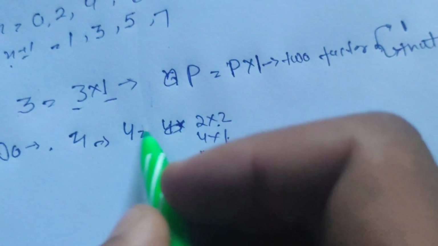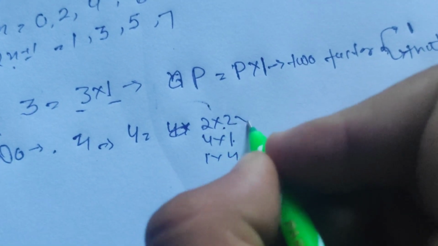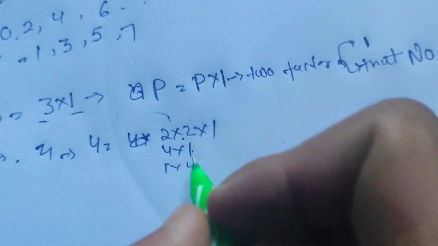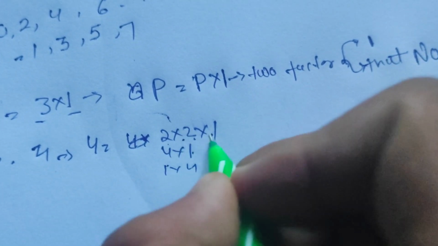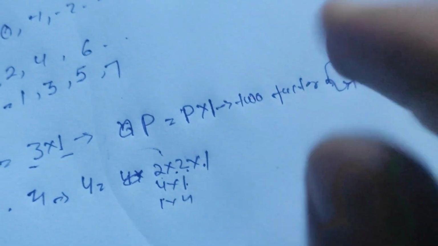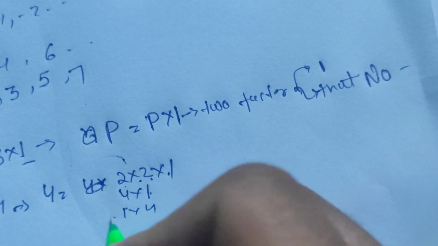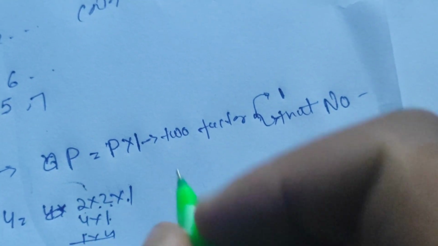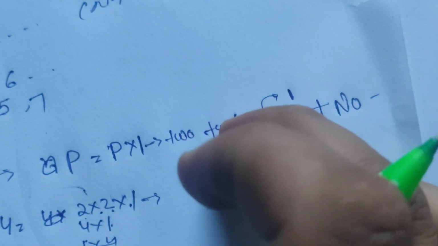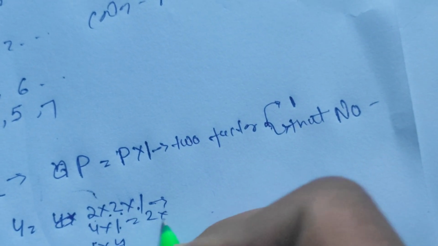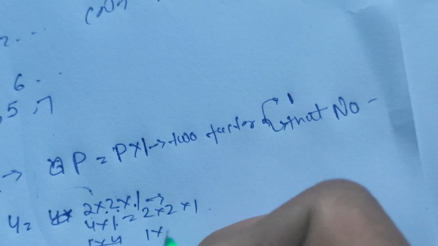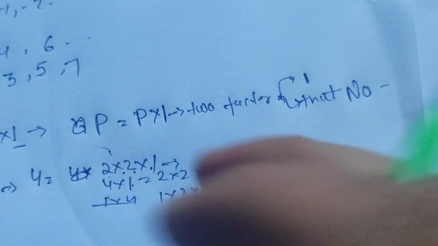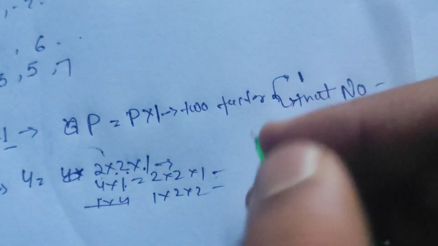It has more than two factors, so we call this a co-prime number.